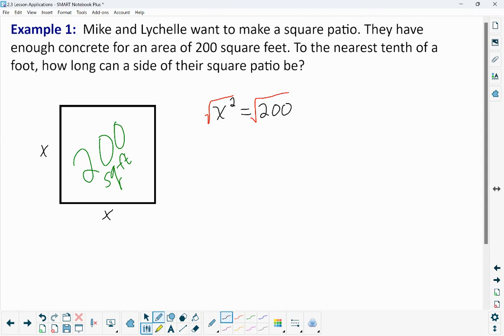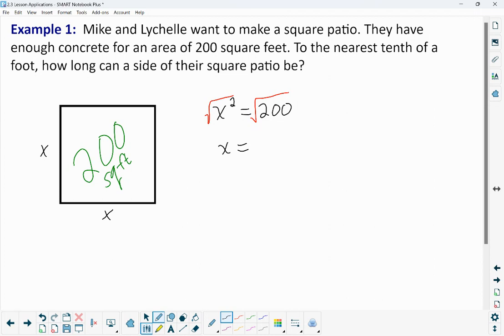Now, when we've been applying square roots in equations in previous days, we've been applying a plus or minus symbol with our square root, but we're looking for the side length of a square. So it doesn't make sense that we would have a negative answer to this problem because of the context.